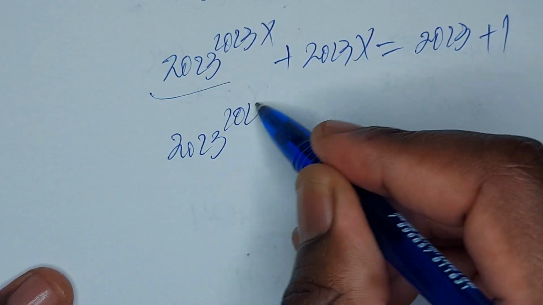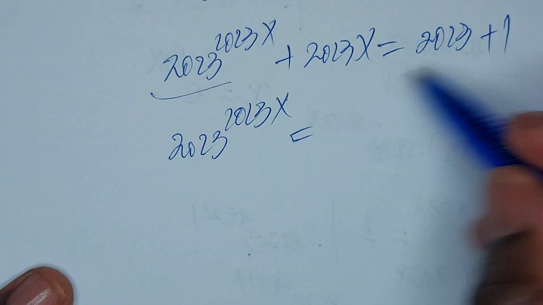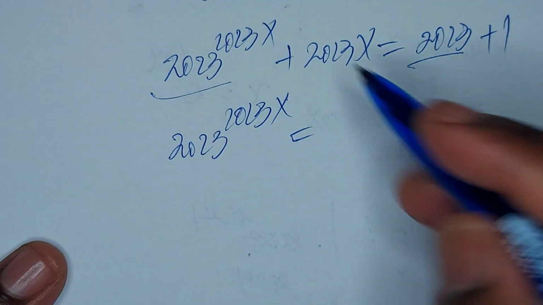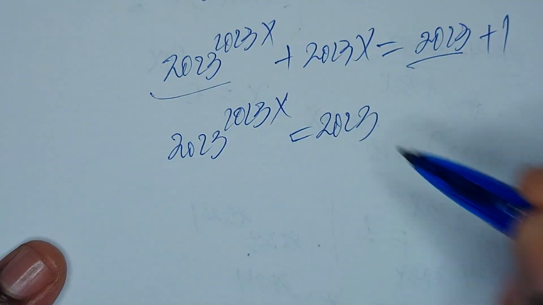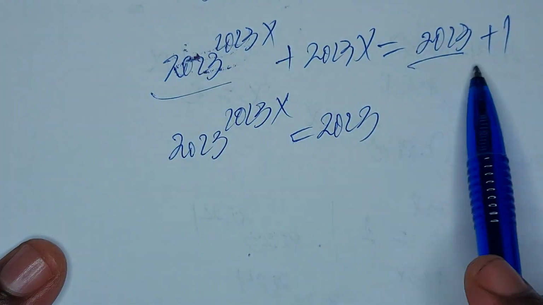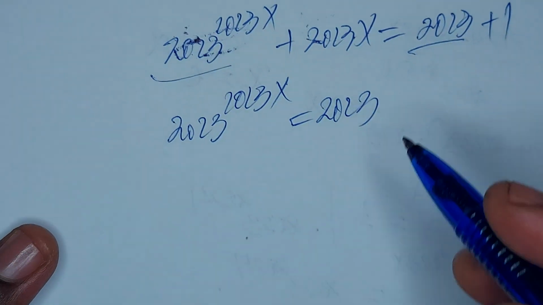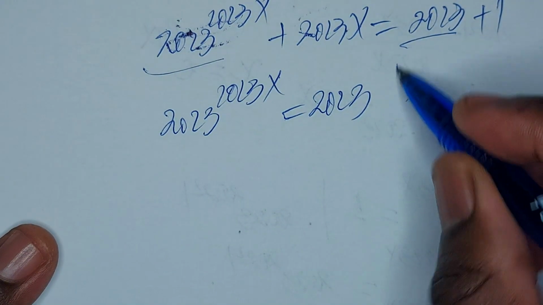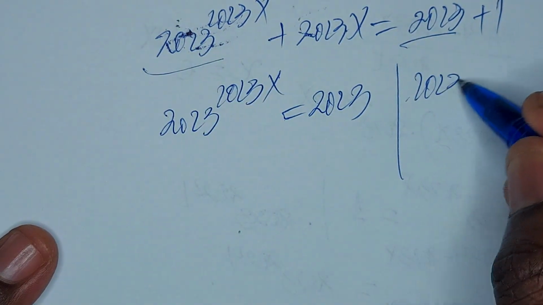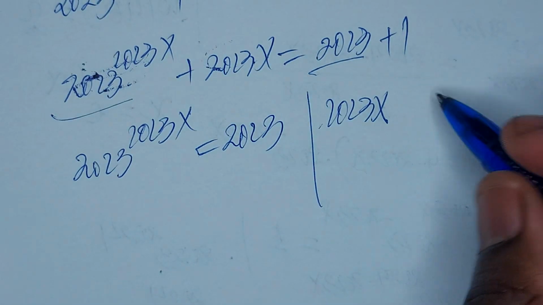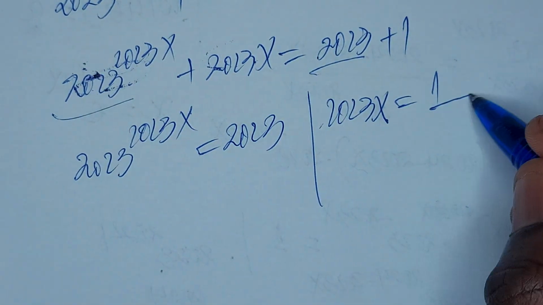By comparison, I'm going to say this is 2023 to the power of 2023x, equal to 2023, and the other part, 2023x, is equal just to 1.